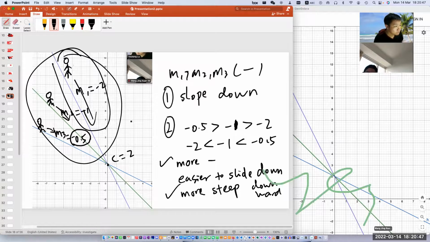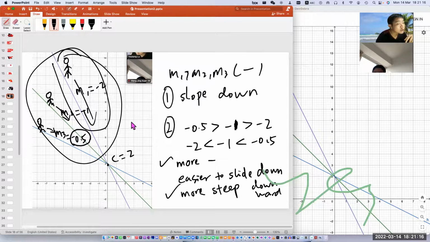Okay. So I have just finished teaching you almost everything in this chapter already. Okay, the impact of gradient and the impact of the y-intercept.